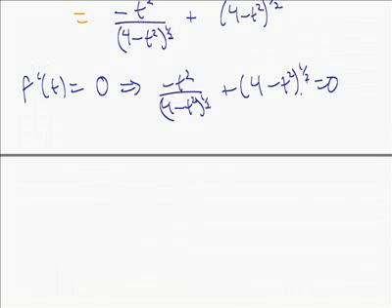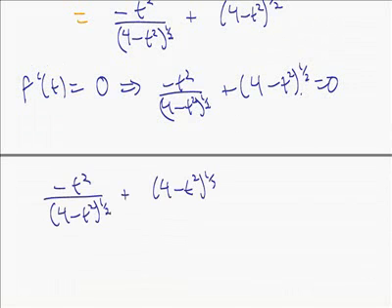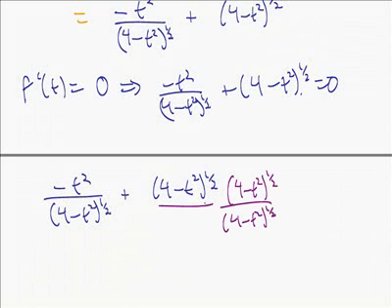I'm going to multiply both top and bottom of the second term by 4 minus t squared to the 1/2 power to get a common denominator to combine these two things.